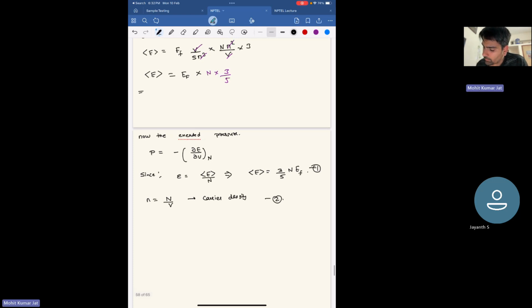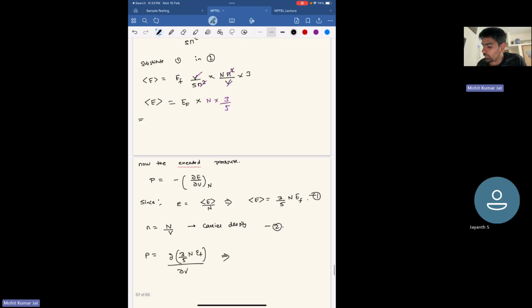So let's do some maths here. P is minus del E by del V, with E equal to 3 by 5 N EF.